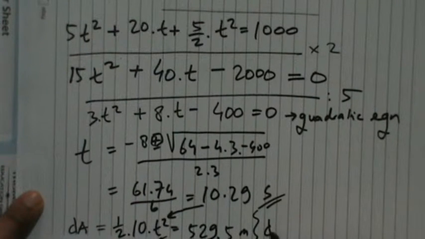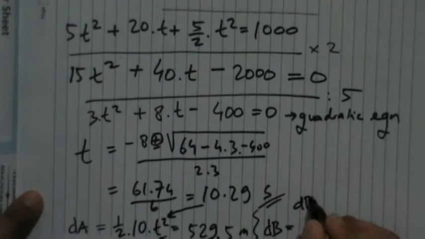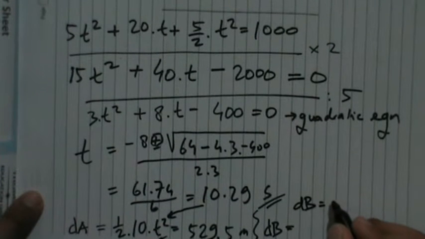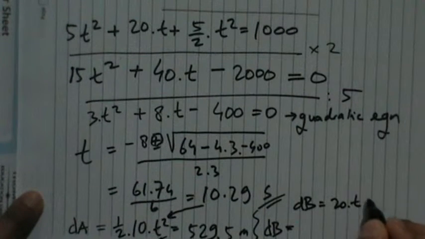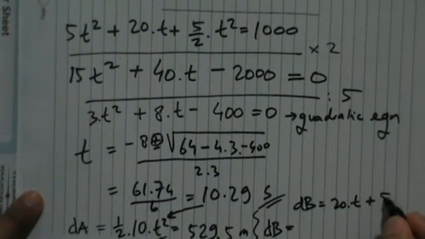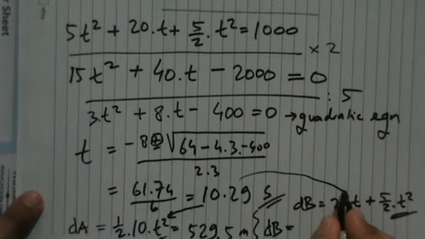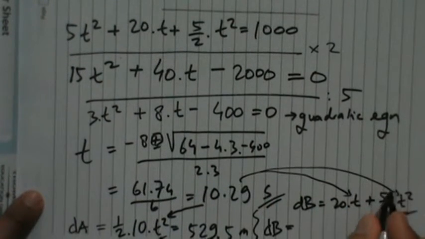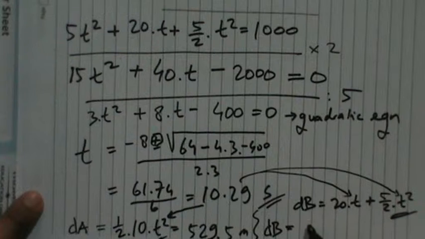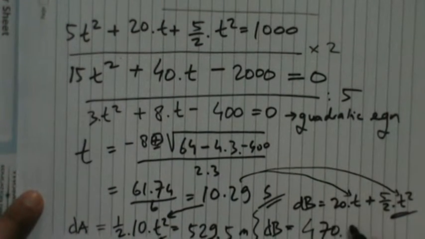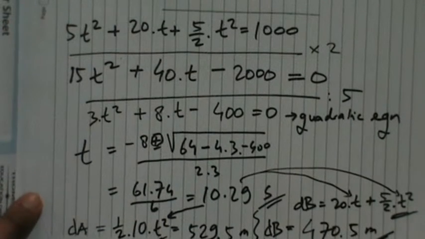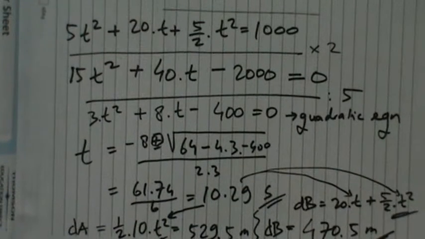And if we calculate the distance of B, the distance traveled by B here is 20 times t plus 1/2 times 5 times t squared, and by plugging this number here, we'll get that the distance traveled by B is 470.5 meters.